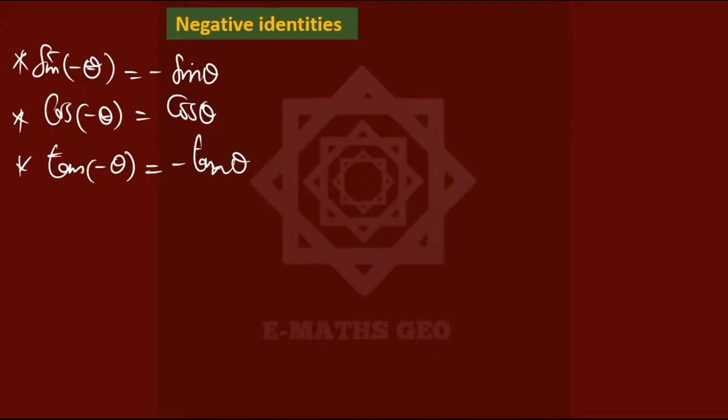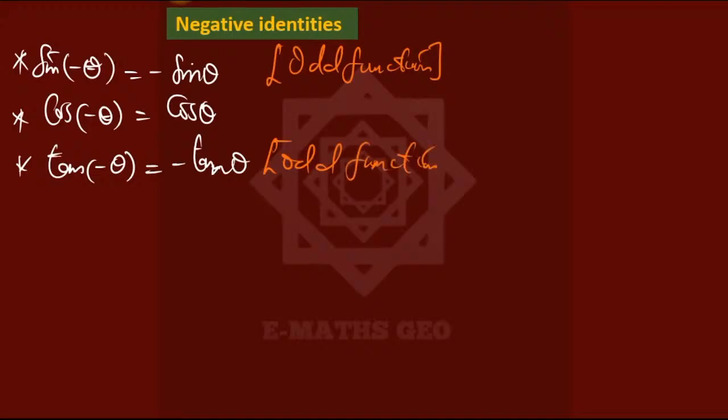We normally call sine negative and tan negative odd functions. We won't go deep on that, just knowing. So these are odd functions, while cos is an even function. I just know it.